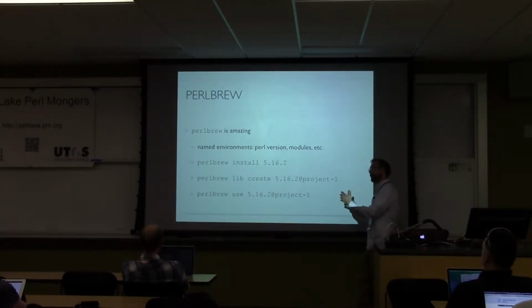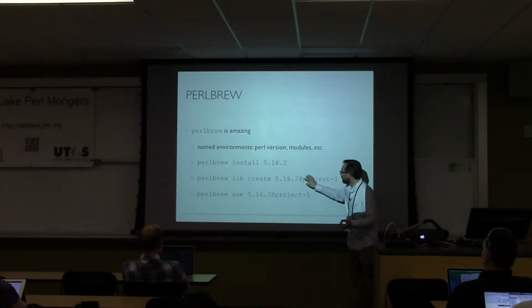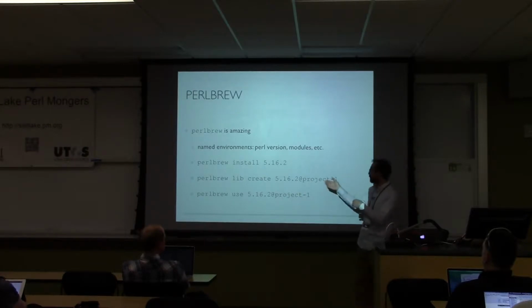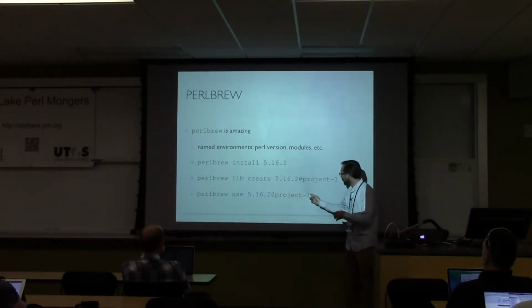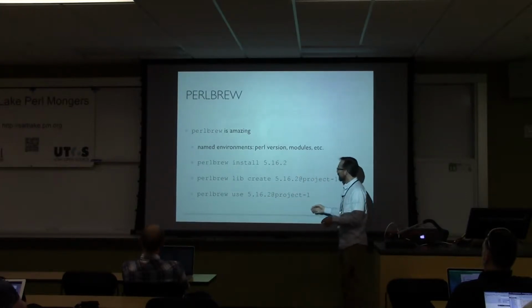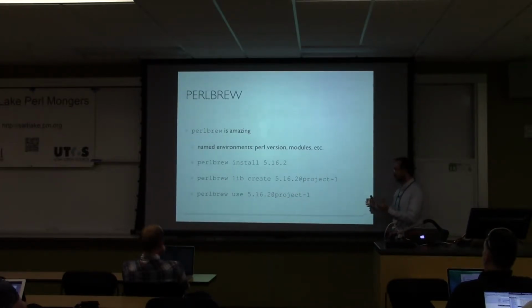Now you can do a cpanm install of whatever modules you want into there, and they all go into this library. And then if you switch to a different project, you'd say perlbrew use project2 or something like that, or a different version of the same project. And now you can test your application across different versions of Perl. It's pretty nice. So let me see if we've got something.